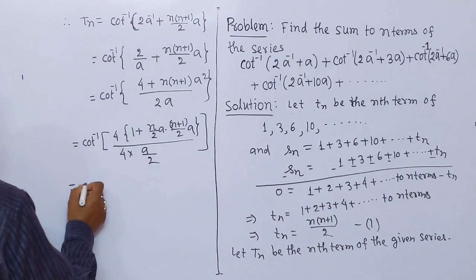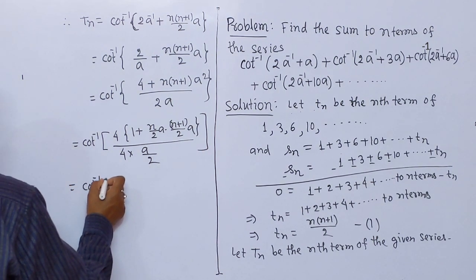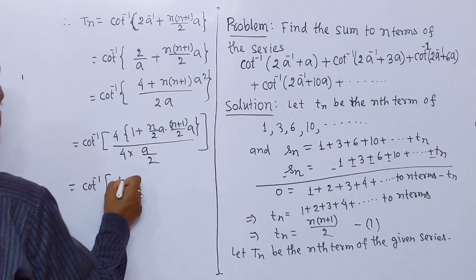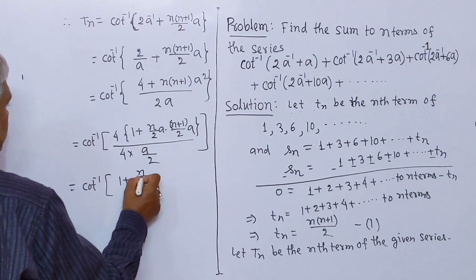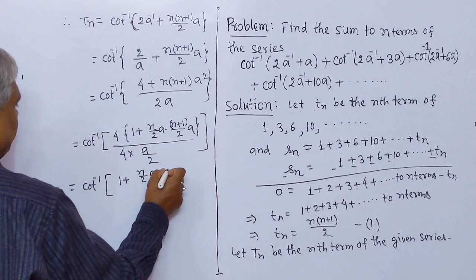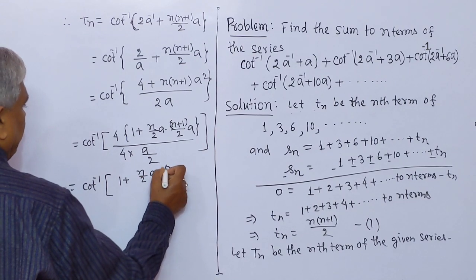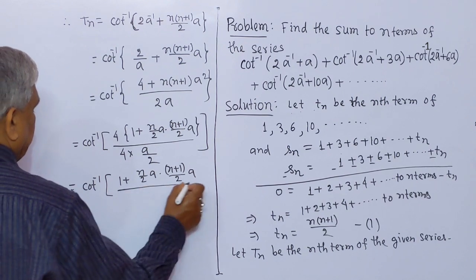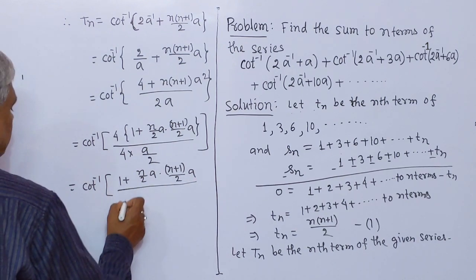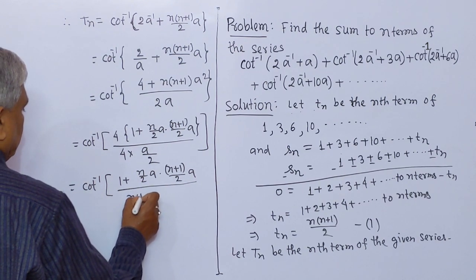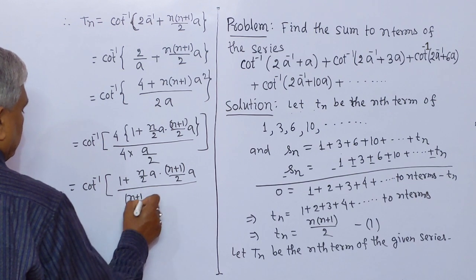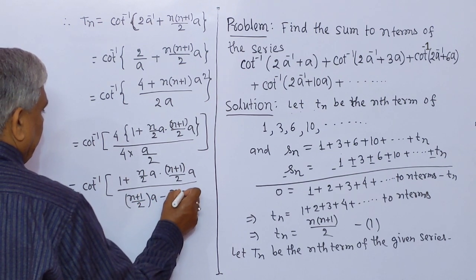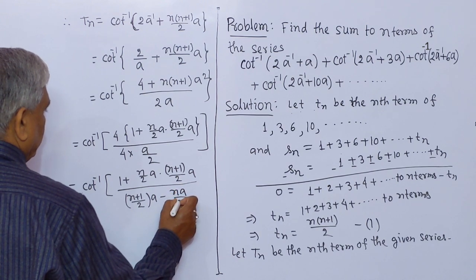We may write this as cot inverse, 4 cancel, (1 plus n by 2 a multiply n plus 1 by 2 a) over (n plus 1 by 2 a minus n a by 2).